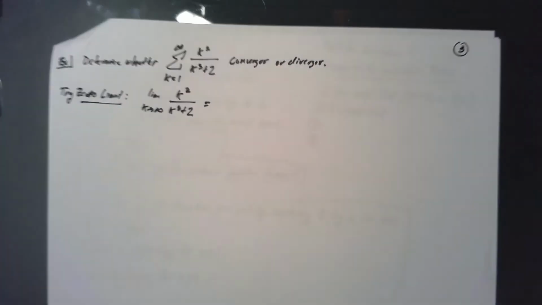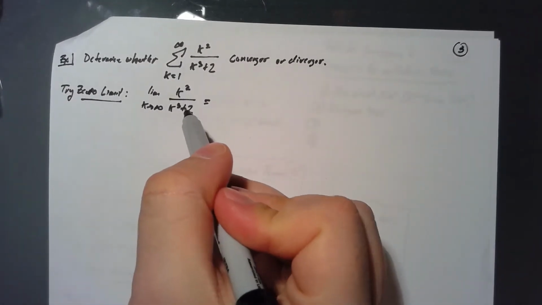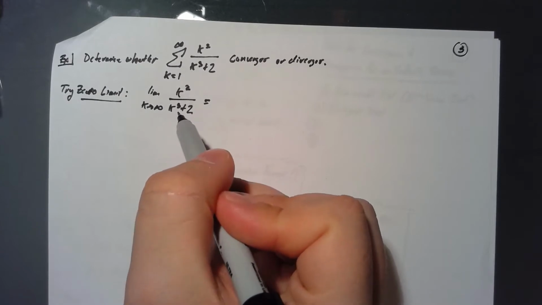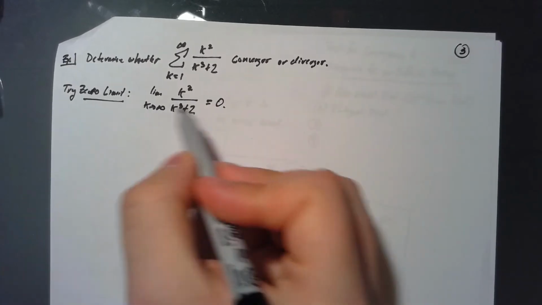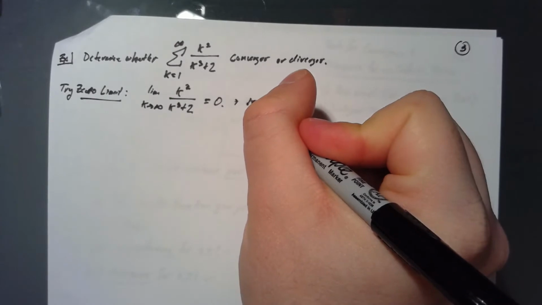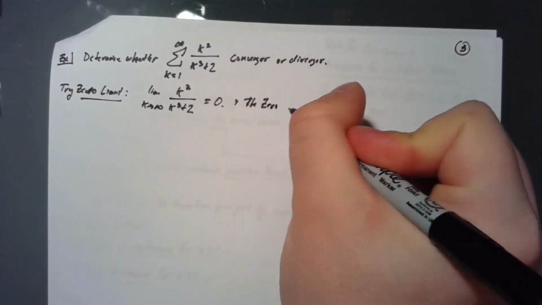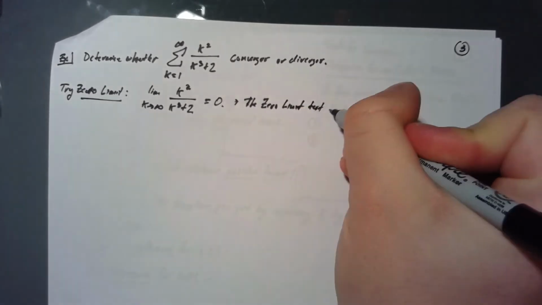If I take the limit of that, well, this is k squared over k cubed, right? Since the smaller power is up top and the bigger power is on the bottom, this is definitely going to go to 0. So by zero limit, this means the zero limit test fails.